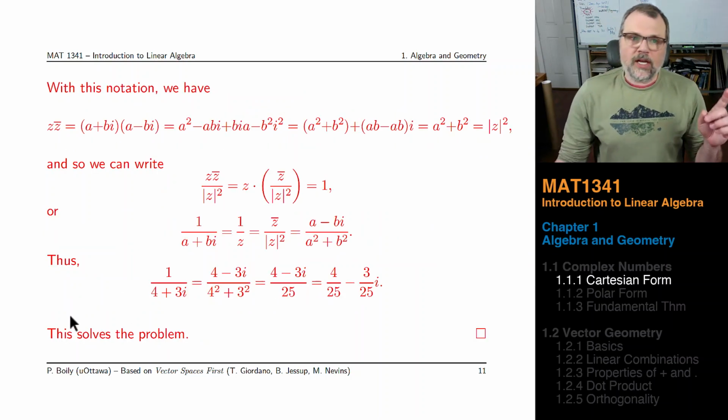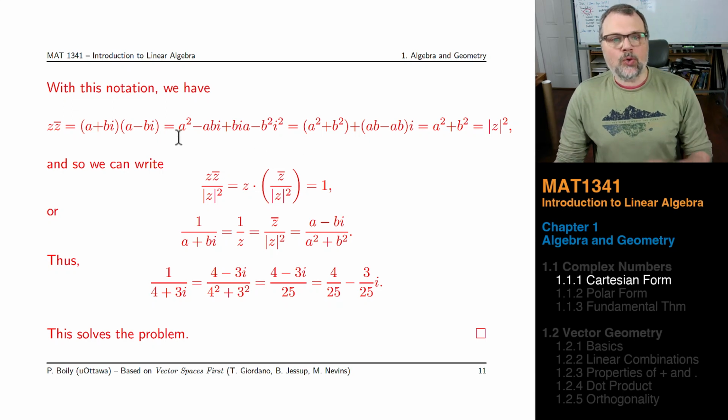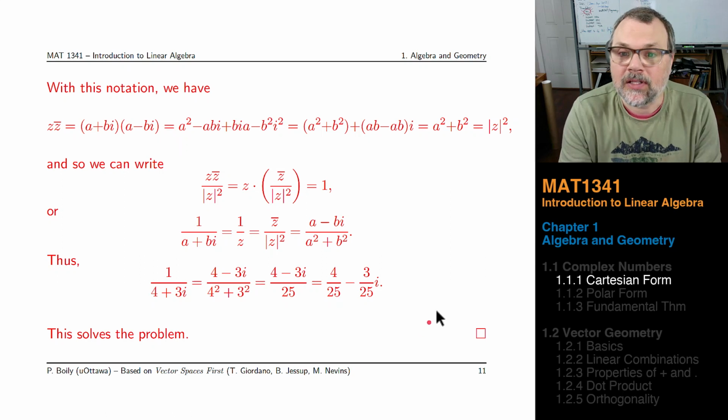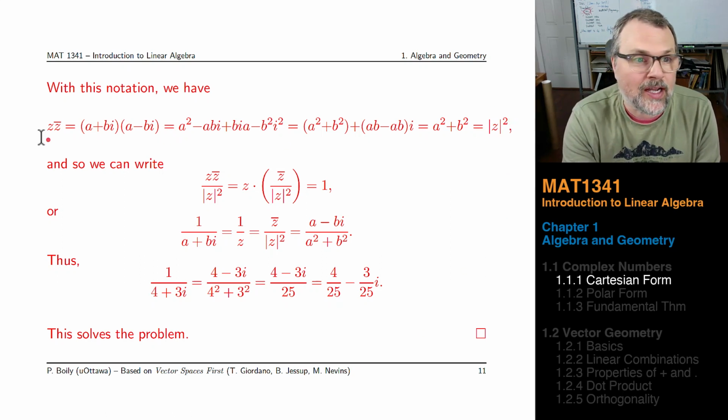If you use this notation, as I said, z times the conjugate of z would be the modulus, or the square of the absolute value of z. And so you can rewrite this, right? I'm going to take the absolute value of z squared, and I'm going to divide both sides by this quantity.